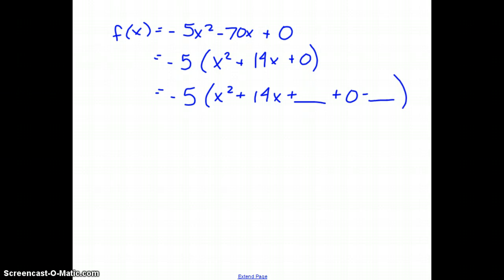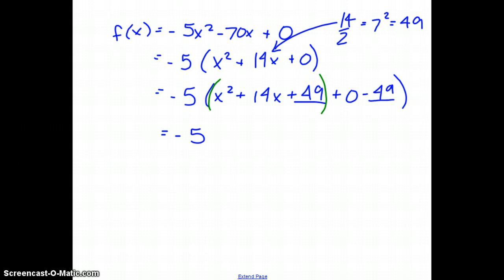Now to figure out what goes in the blanks, again, we take our middle term, or the x coefficient, divide it by 2, and square it. So 49 is what will go in both of our blanks. Then we're going to group just the perfect square.